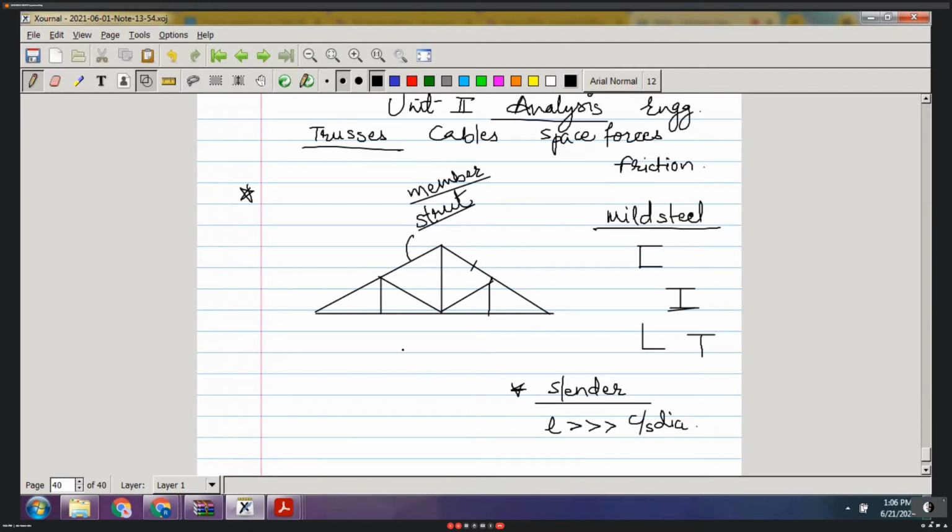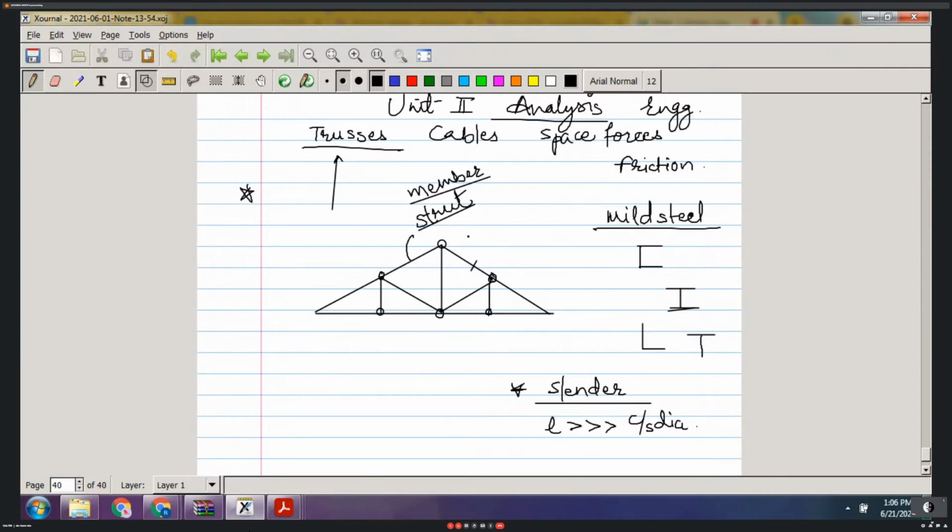Yes, this total structure is known as truss, which is made up of struts. Some struts are joined at the ends, and they will form a total structure of truss.